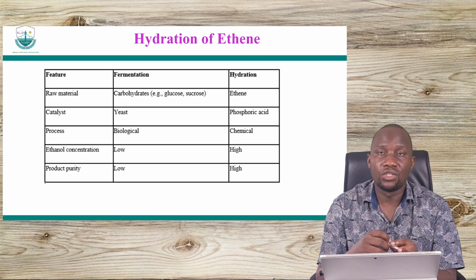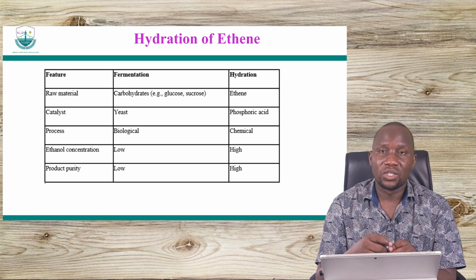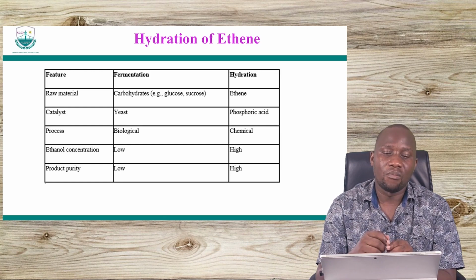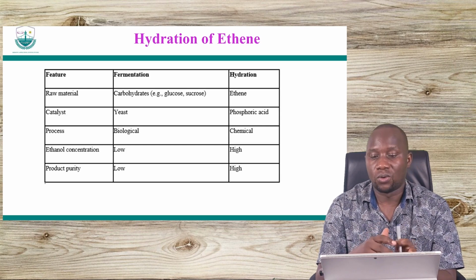And then fermentation is a biological process, and the hydration of ethene to get ethanol is actually a chemical process. The ethanol concentration of the product that we get using fermentation is actually low, and in terms of purity, it's also low.